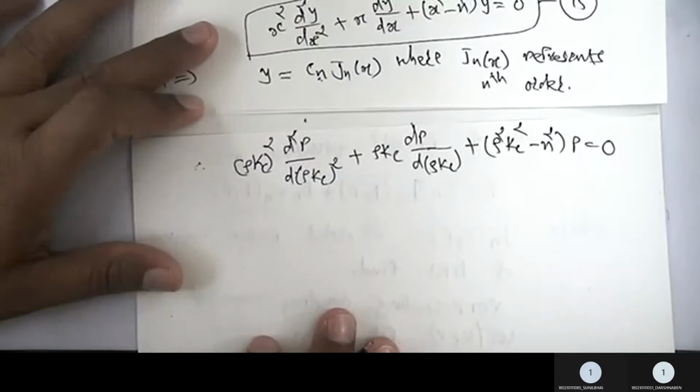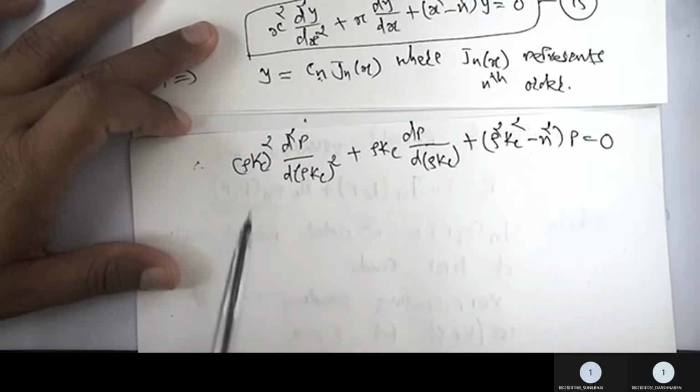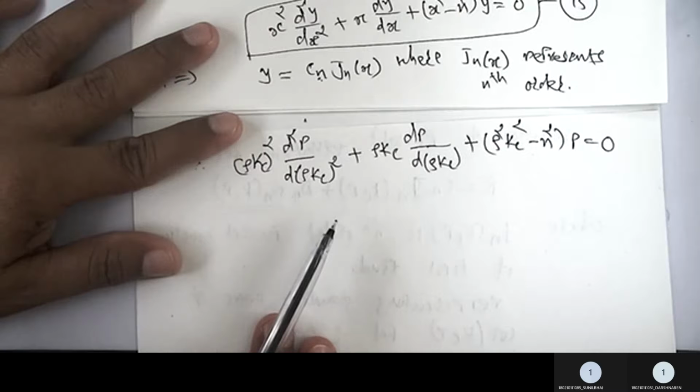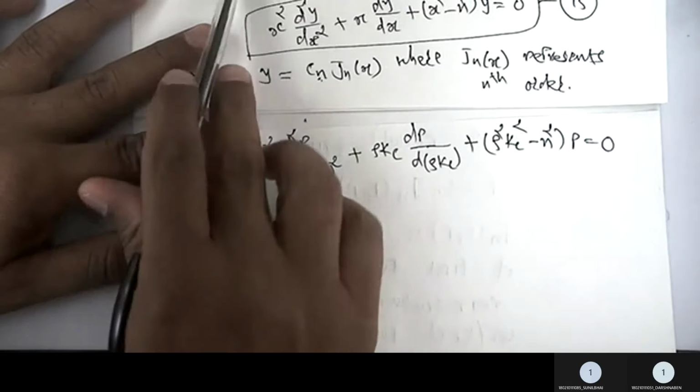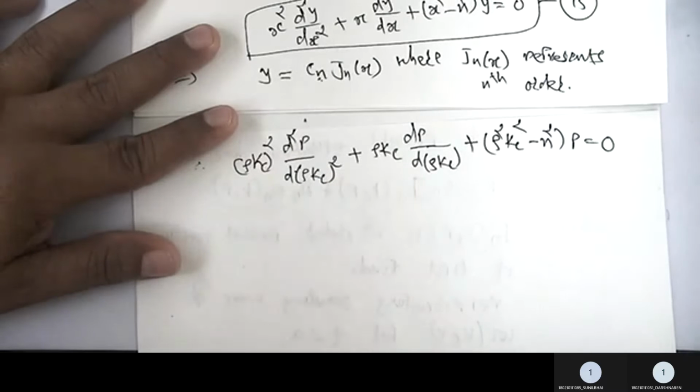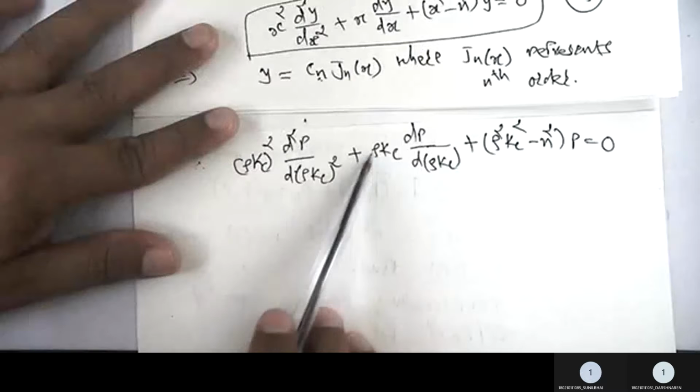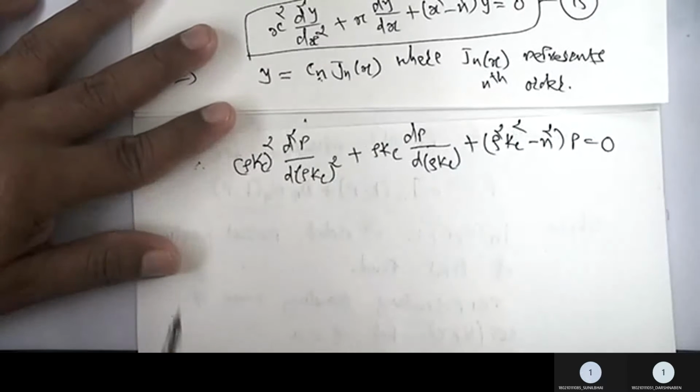So what I did simply is that I have added this k_c term in these expressions, so that I can compare with the Bessel function.